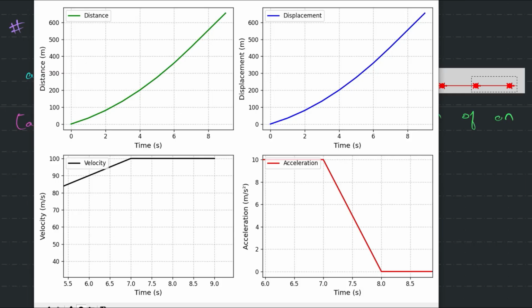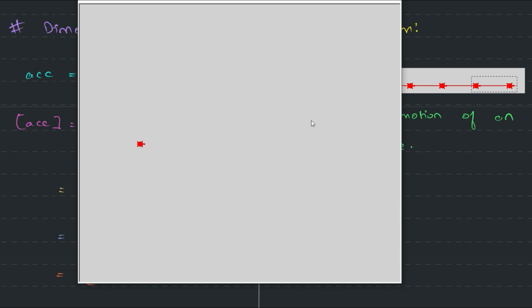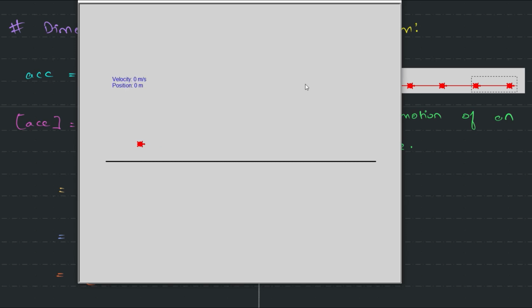The same thing can happen with retardation also. That is, the object can slow down. For that, we have brakes. So I'll put brakes, or let me fast forward and then I'll put brakes. Oh wait, no. Something is wrong. It's accelerating more actually.